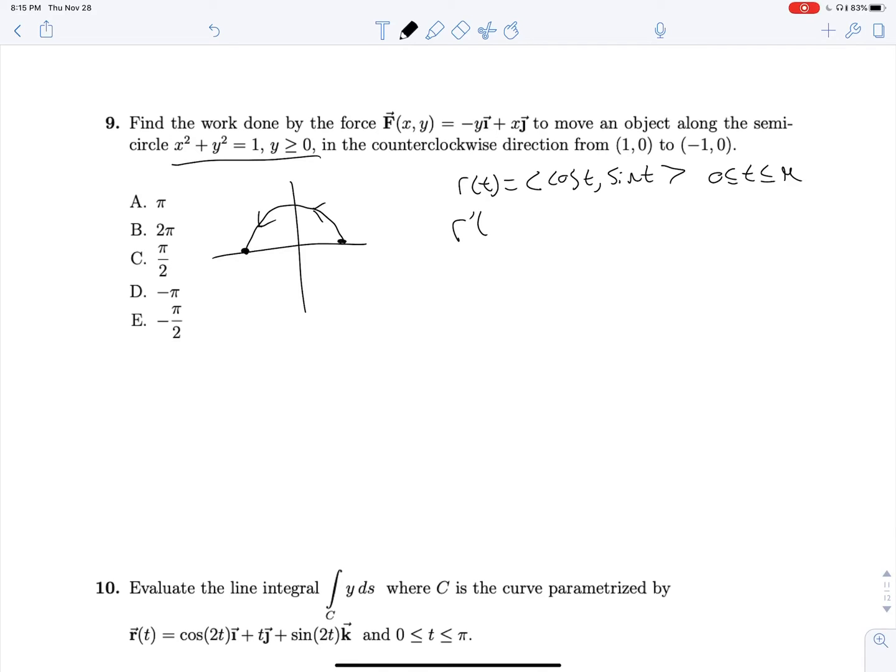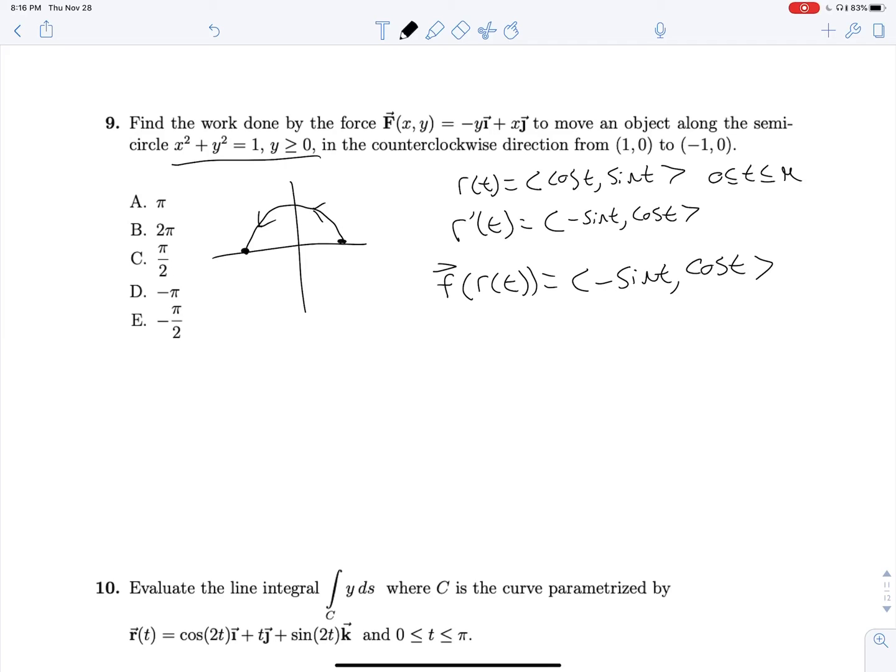And r prime of t is going to give us negative sine t, cosine t. And f of r of t will give us negative y, where negative y is going to be negative sine t, and x, so cosine t.